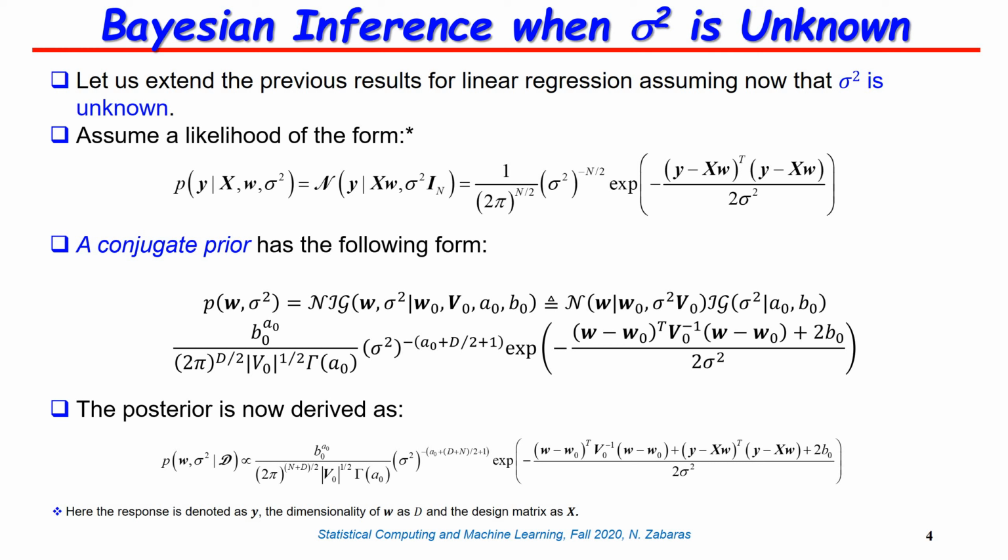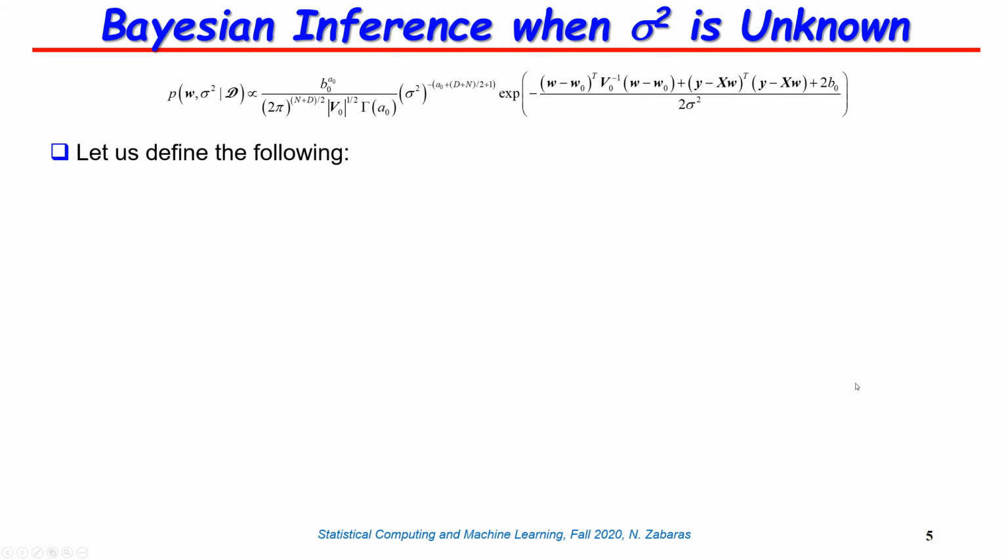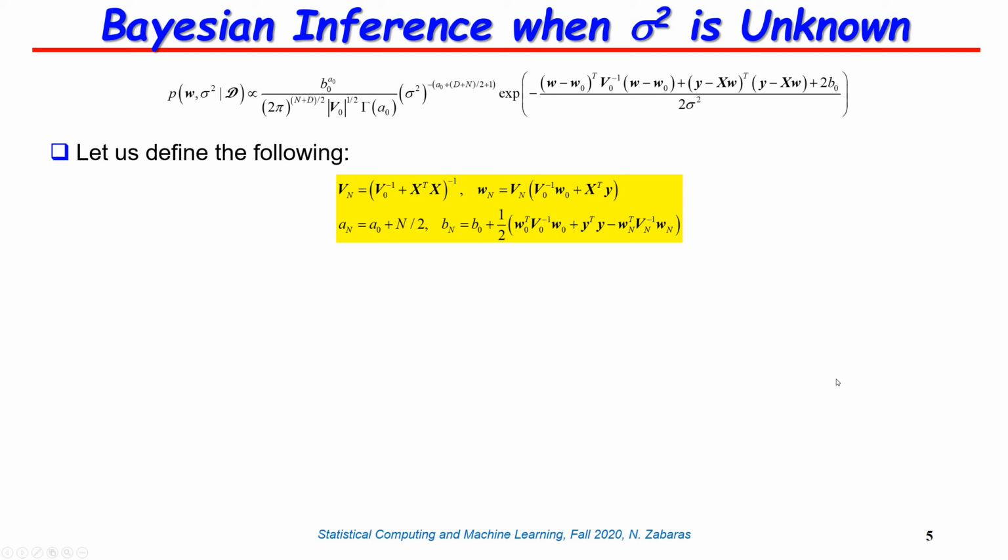And obviously we anticipate that the posterior will also be a normal inverse gamma, and our problem will be to compute what Wn, Vn, An, and Bn are going to be for this particular problem. I'm not going to do the algebra because it is literally identical to what we have seen for the Gaussian distribution, because we do have a Gaussian likelihood, right?